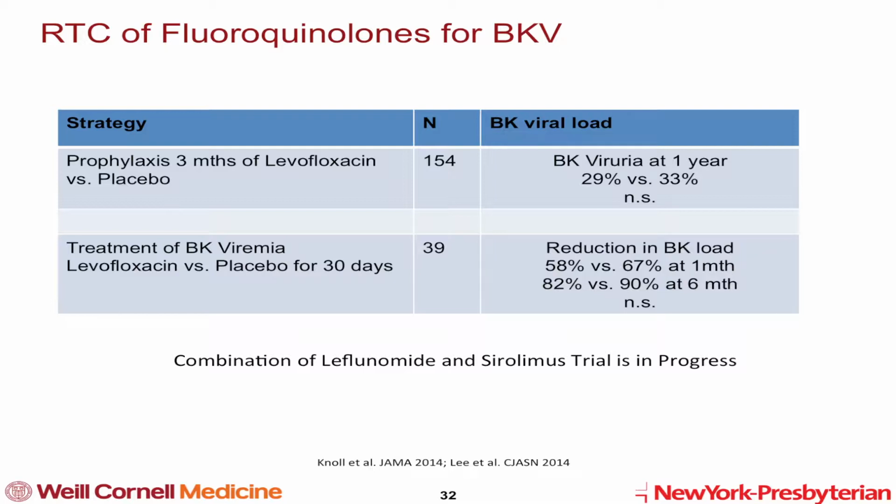Treatment of BK viremia was also a randomized controlled trial using levofloxacin versus placebo for 30 days. 39 patients. Reduction in BK load was 58% versus 67% at 1 month, and then 82% versus 90% at 6 months, not statistically different. So at least we can say fluoroquinolones alone is not something that we need to consider in our management. These are randomized controlled trials that demonstrate no benefit.